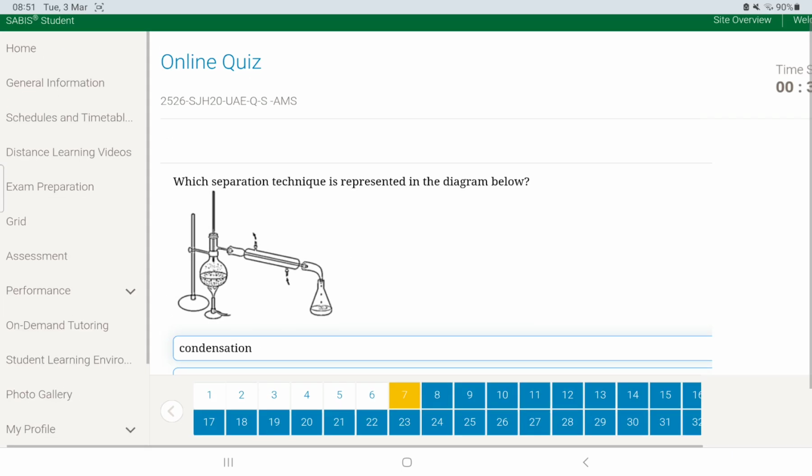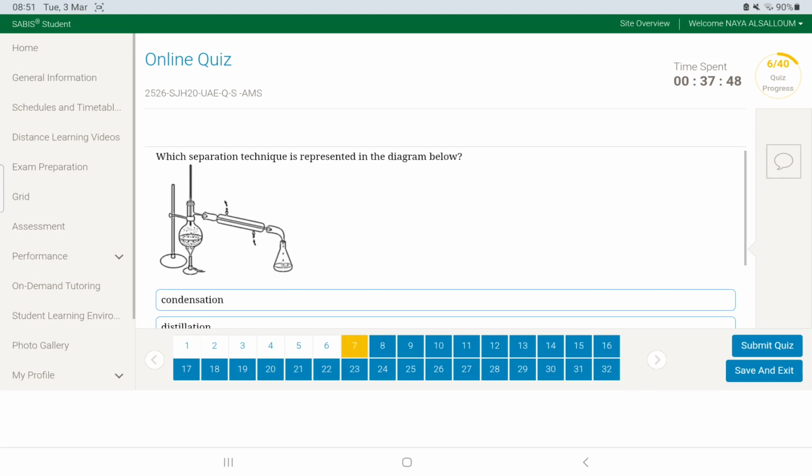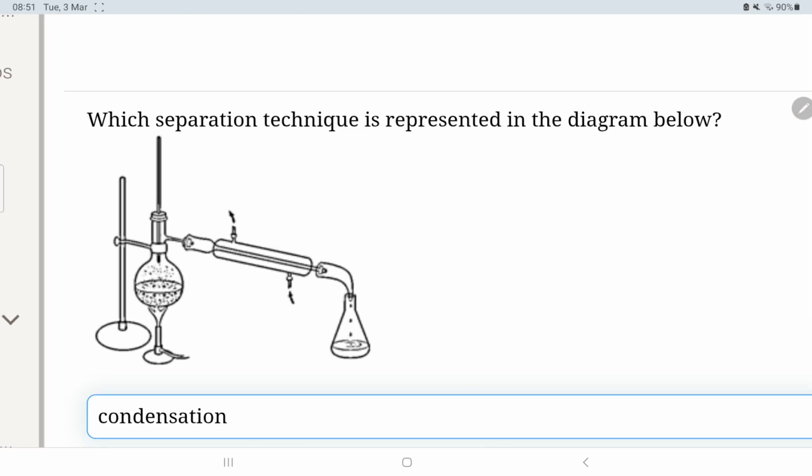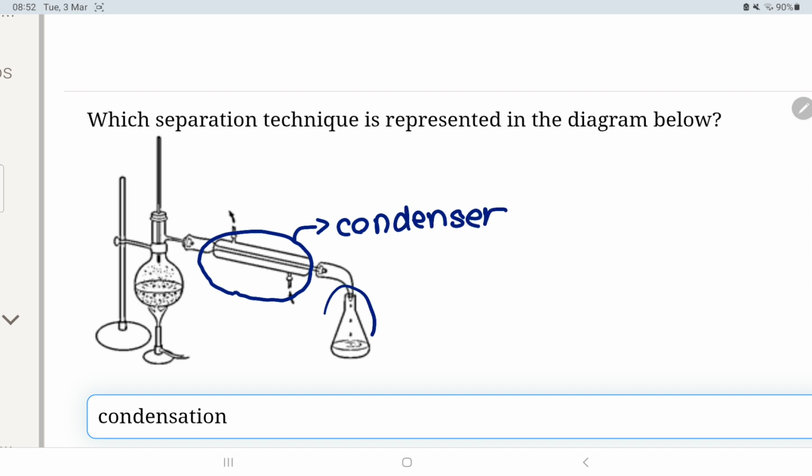Now right here, we're back to separation techniques. Which separation technique is shown below? Let's see what it's made of. This is a condenser. What is this? The receiving flask. But what is going to give us the biggest hint?